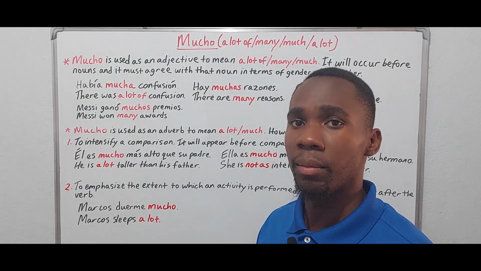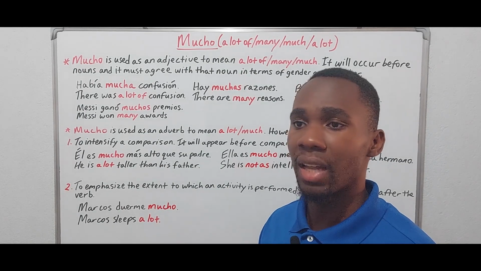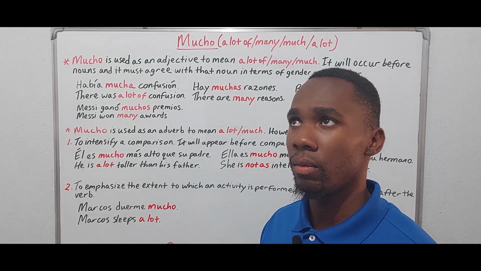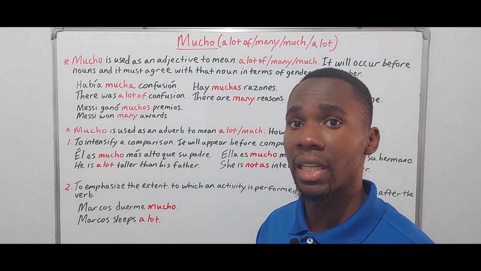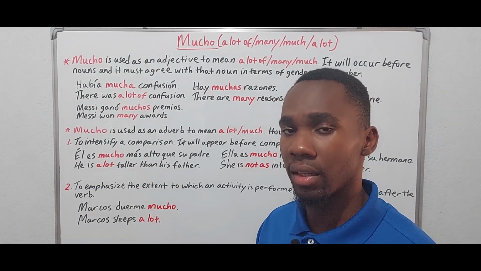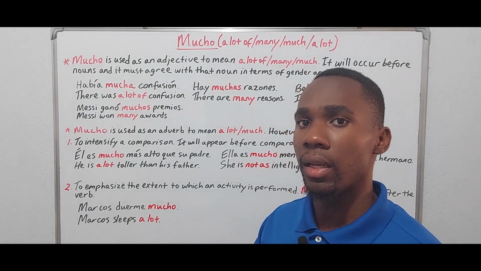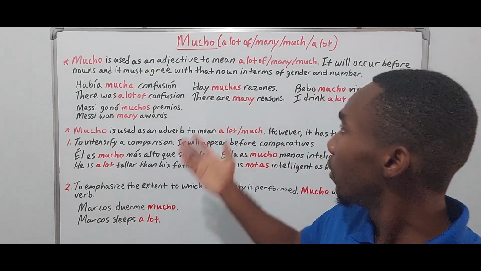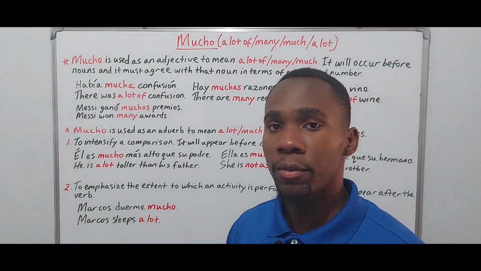Three, it can be used as an adverb of degree to describe the extent to which an activity is performed, and when it's used this way, once again, it does not change form, and it appears after the verb. All right? So that would be mucho.